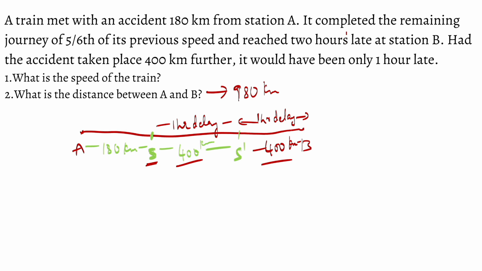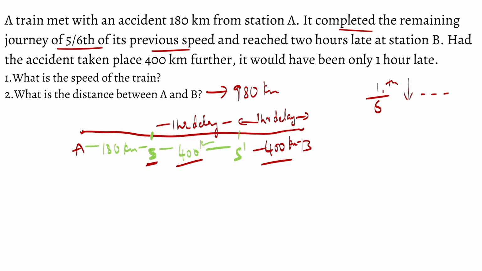See here, it completed the remaining journey at 5/6 of its previous speed. So 5/6 means it's definitely a decrease in speed. 5/6 means 1/6 decrease. So if speed is decreased by 1/6, then how much should time be increased? Remember that number line.